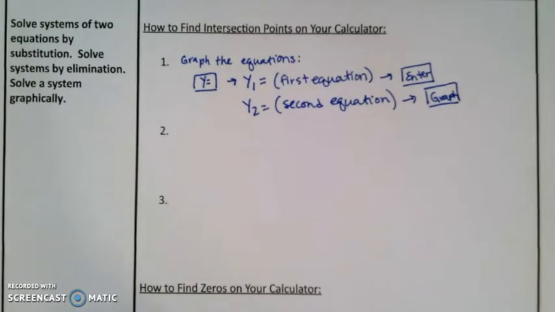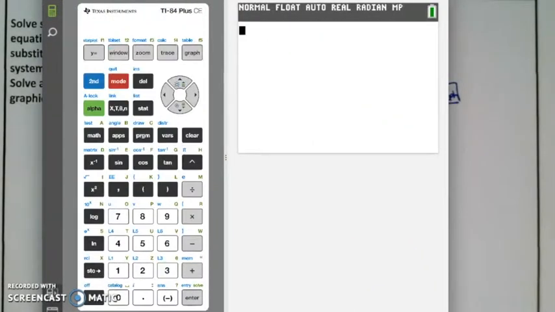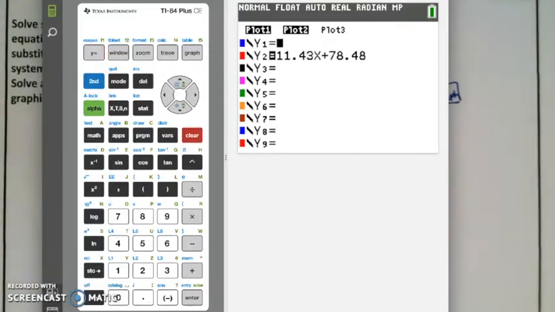So for example, if we're looking at our calculator and you go into y equals, I'm going to delete my equations. I'm also going to go up and make sure that my plots are turned off, so none of those are highlighted. That way I know that the only thing that will be graphed is my lines.